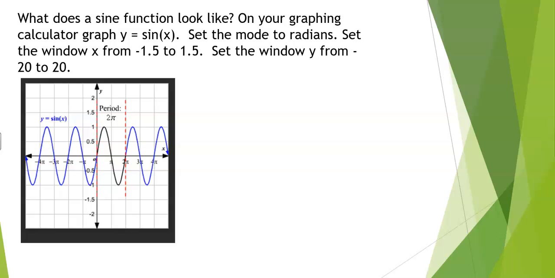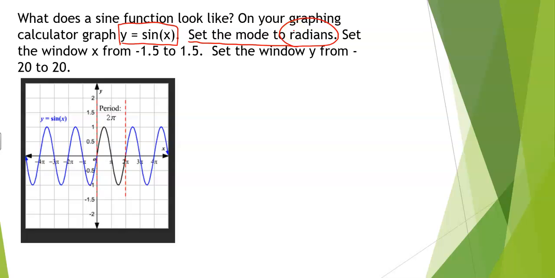So here's something I got off the internet, but it's showing what a sine function looks like. The sine of x. So you can see some things about it that might be kind of interesting. When you do this on your calculator, to get the same periods, as we call it, you need to set the mode to radians.